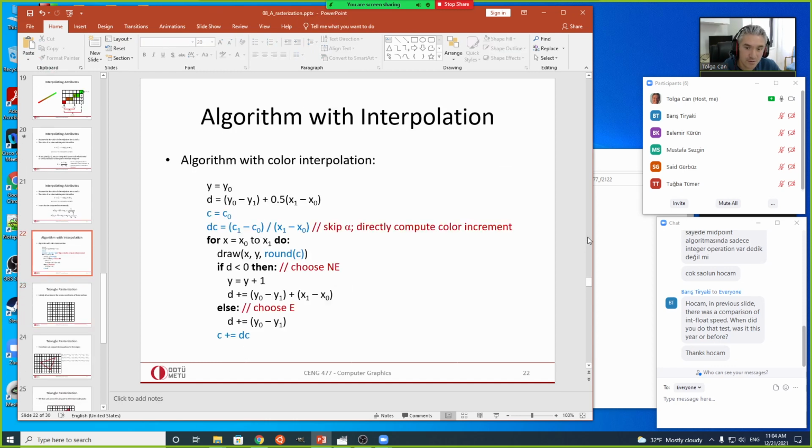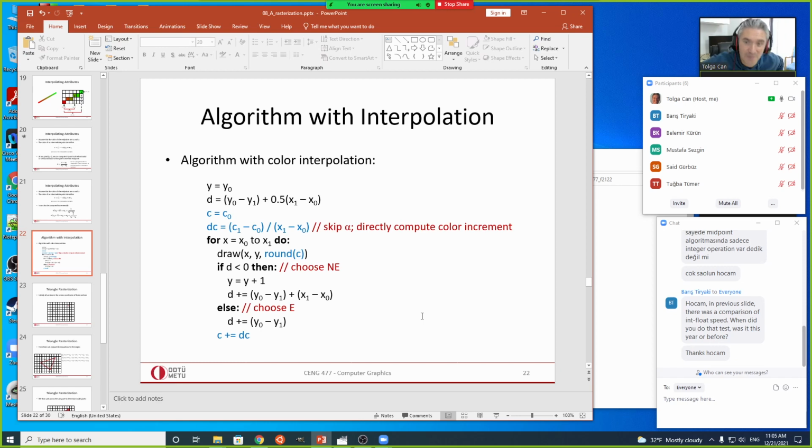Okay, so this completes line drawing, line rasterization, and interpolating the color along the line. And for the second assignment, the pseudocode for line drawing is exactly on this slide. So slide 22 is the one you should use for implementing line drawing in the second assignment. But there are some things that you still need to do, right?